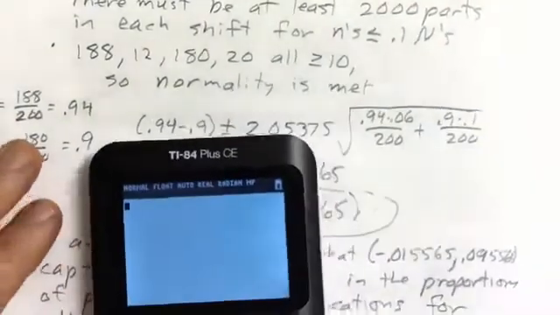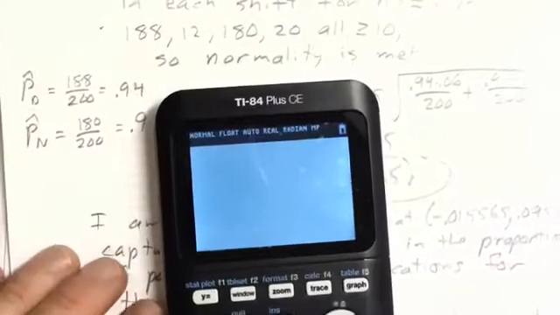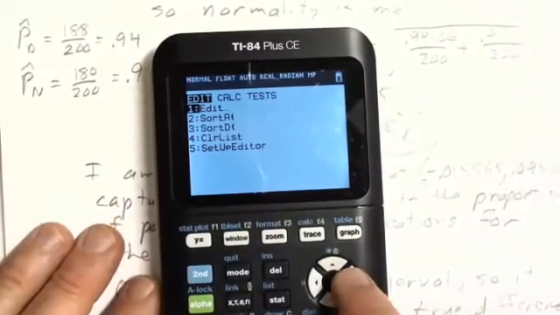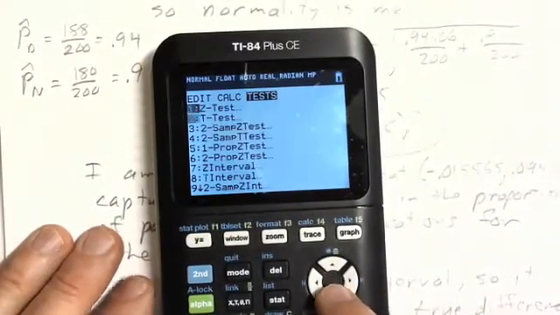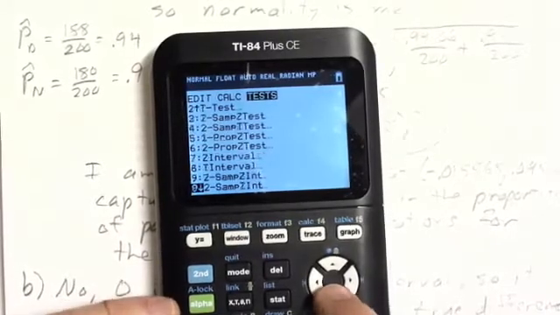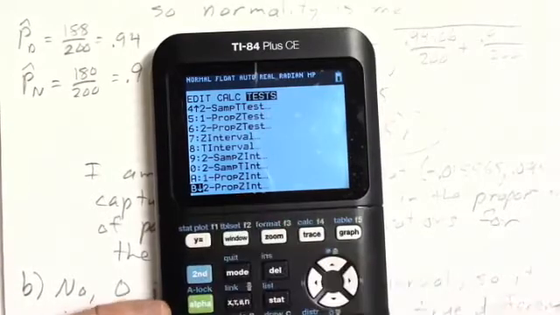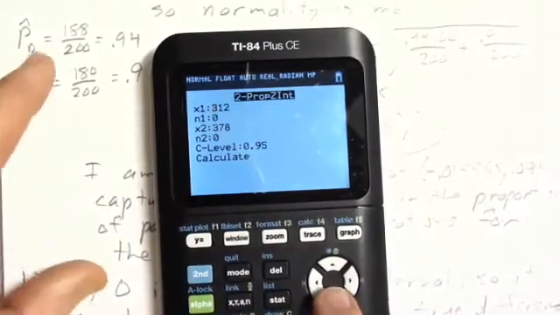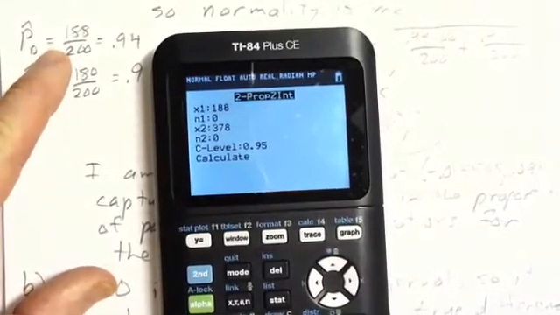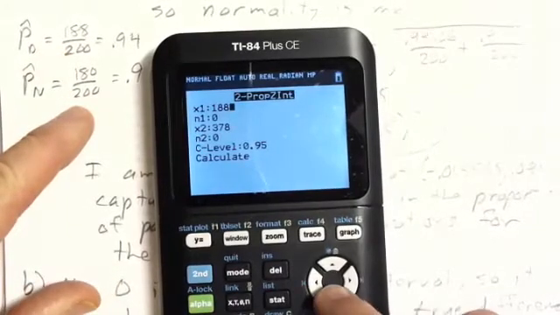So to use your calculator, all you've got to do is hit the stat button. So we hit stat, we go to test, and this is a 2 proportion Z interval. So a 2 proportion Z interval is right there, option B. It's like the 12th option. And so we have 188 out of 200.